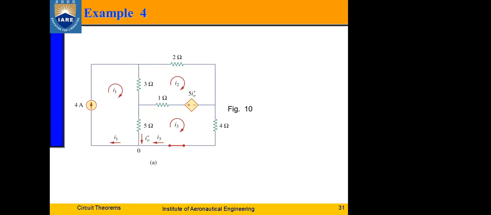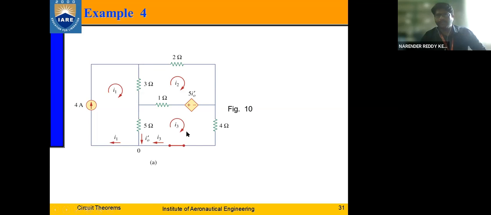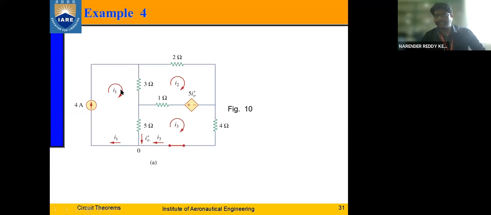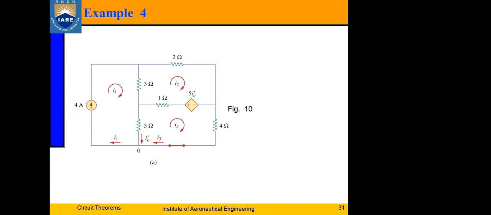Because it's a voltage source, we are least bothered about the direction of I1 and I2, right? So what's the current that is flowing here? What's the next term after this? It is 1 into I2 minus I3. Here, what's the equation I can write? 3 into I2 minus I1, or you can directly write 3 into I2 minus 4. That's what you can write, right? Yes, sir.